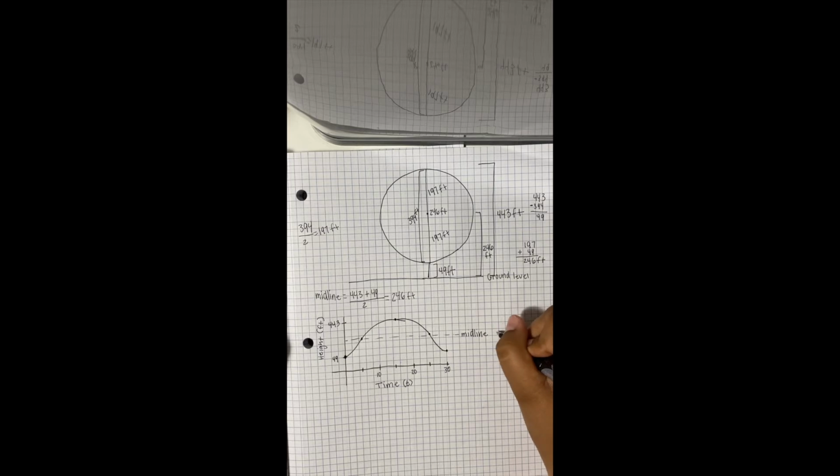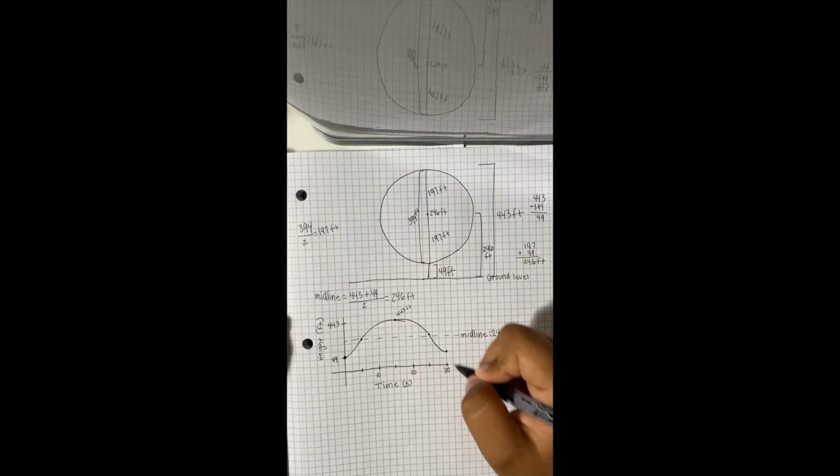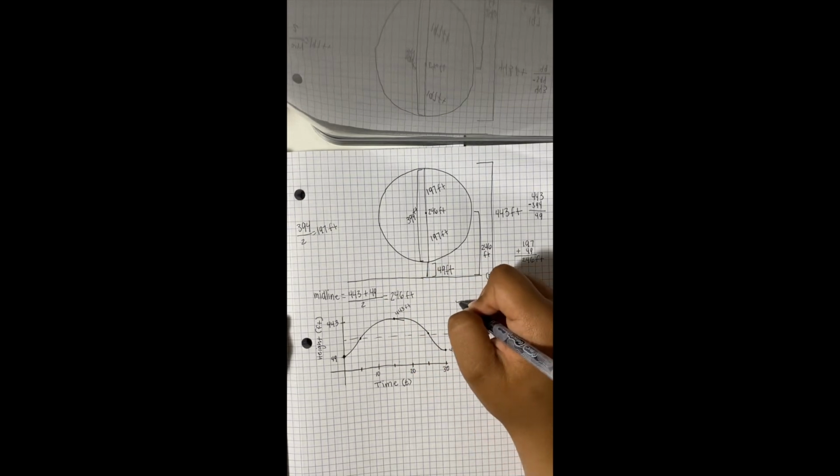Then I drew the graph and midline at 246 feet, and I found the amplitude by subtracting 246 from 443, which is 197.